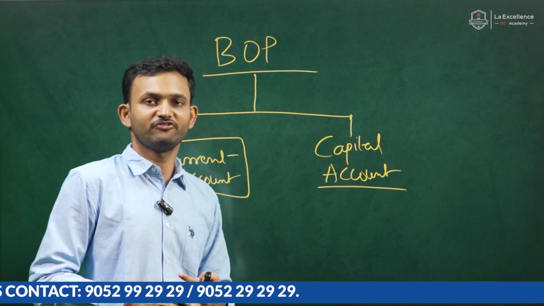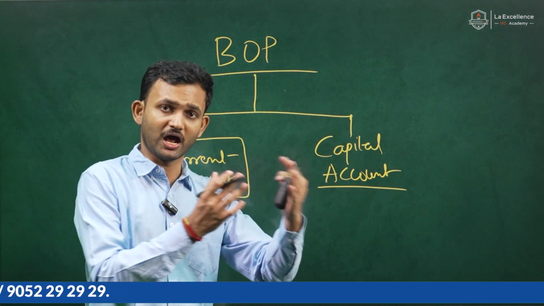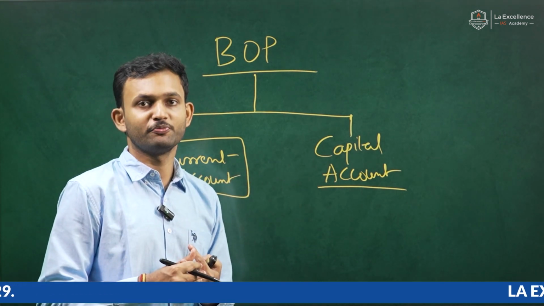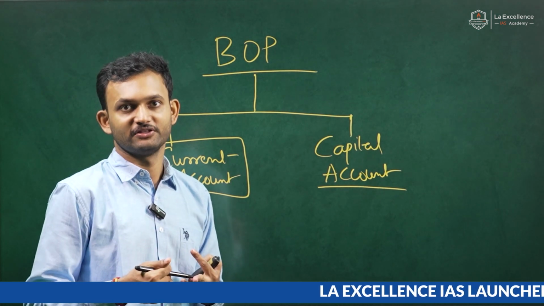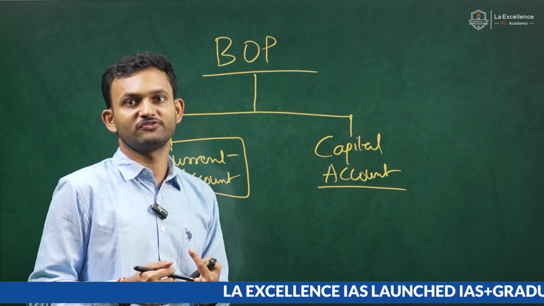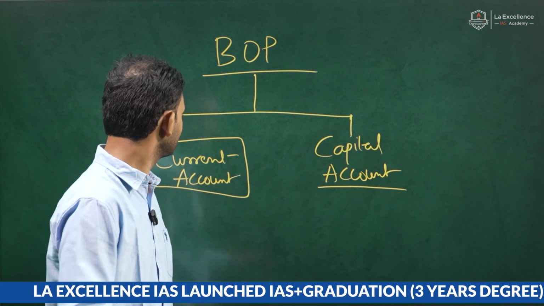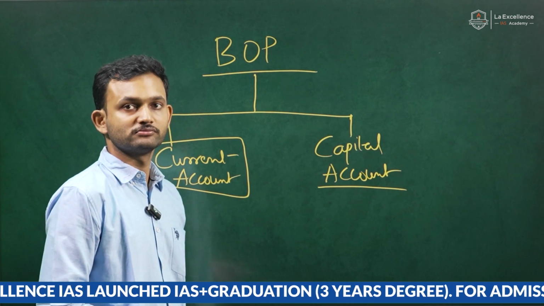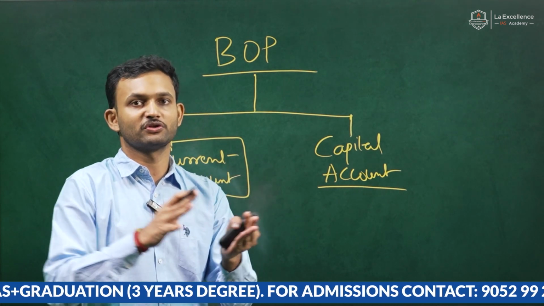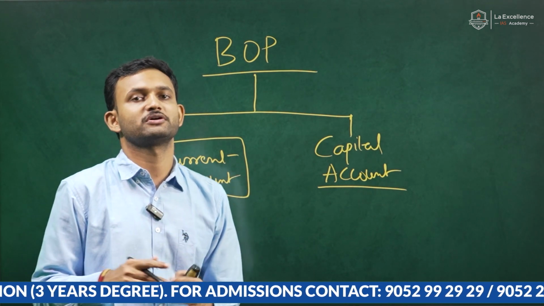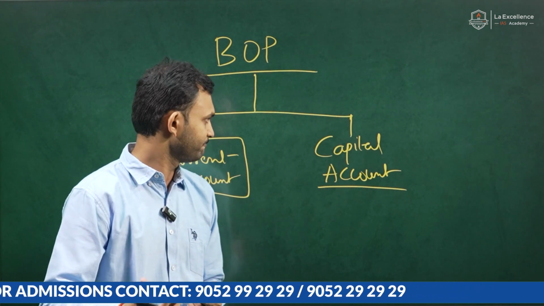So any payment that you give to the other party would not be returned back. Hope you understood that. There is no liability or responsibility to give it back. Such items would form current account. Please don't get confused about one year duration or more than one year duration. It's about not having any liability to give it back.